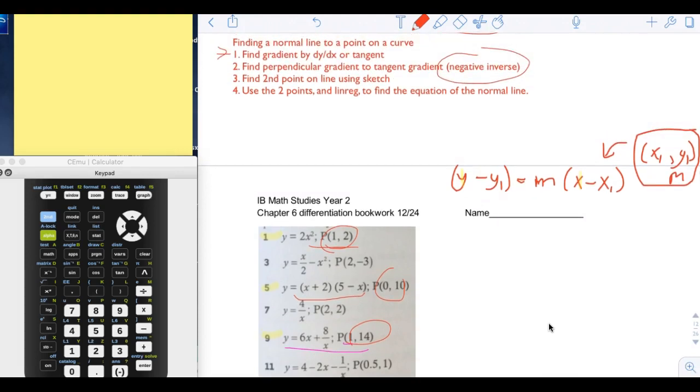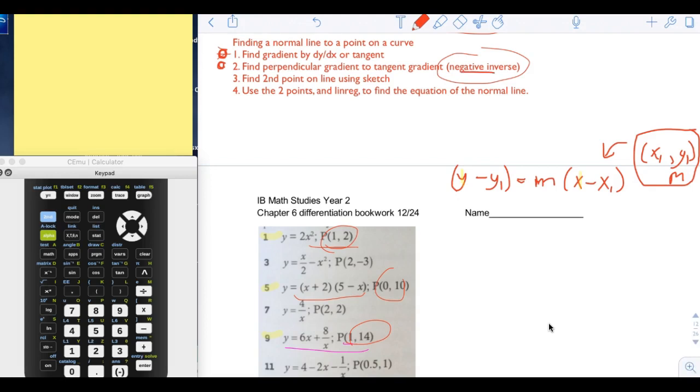First couple steps are the same. You still are going to want to find the gradient by using dy dx or tangent. And then you are going to find the perpendicular to that gradient, the negative inverse of it.